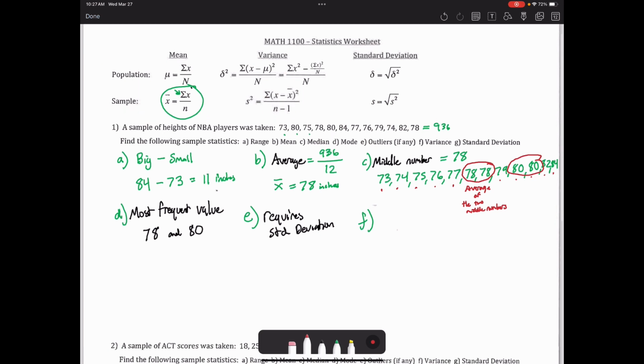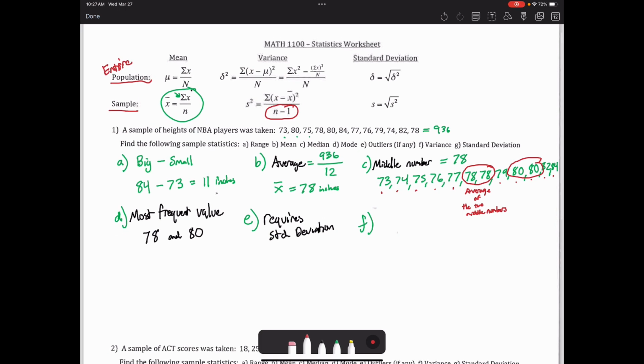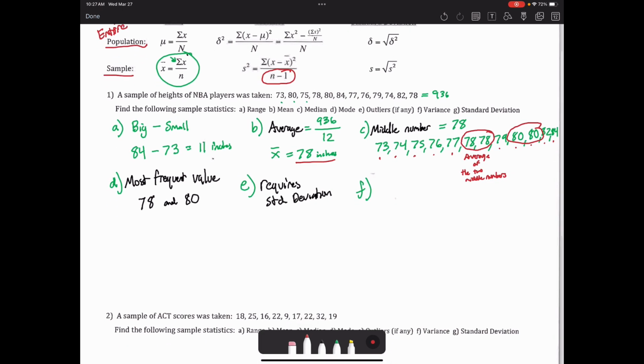Okay, but let's take a look at this. So recall that my mean is 78 inches. Remember, variance and standard deviation are all about what's my distance from the mean. So I need to know my mean. And so now if I look at each of my data values, I'm going to make a table here. So let's look at each of my data values.